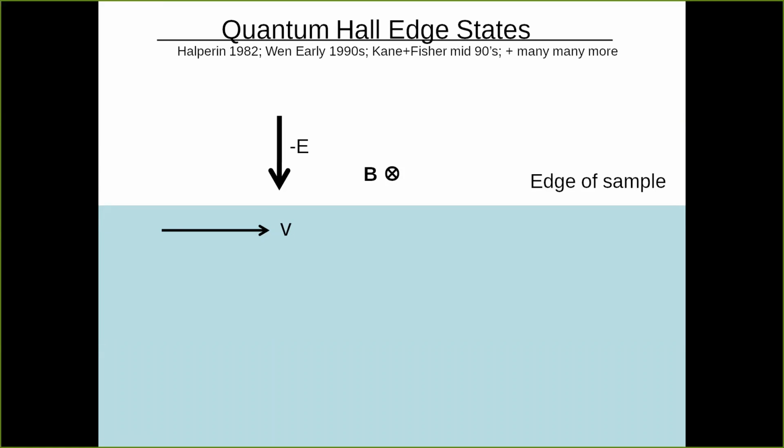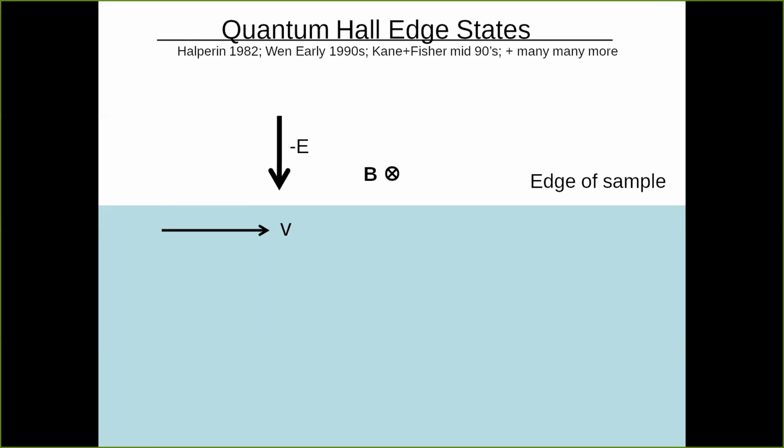And then just from basic first year classical mechanics, whenever you have a crossed electric and magnetic field, you have a drift velocity for charges. So if you make a little bump of charge, that bump will drift along the edge of the sample. I don't know if you can see that animation or not, but there's a bump running along the edge of the sample. And that's the basics of the quantum Hall edge dynamics.